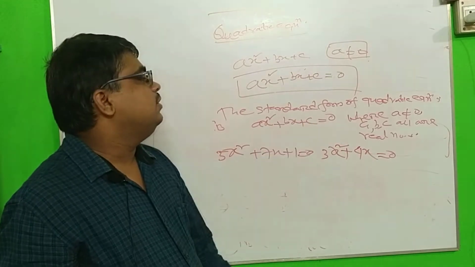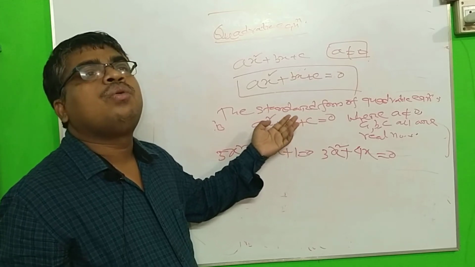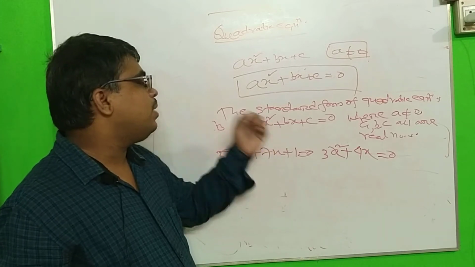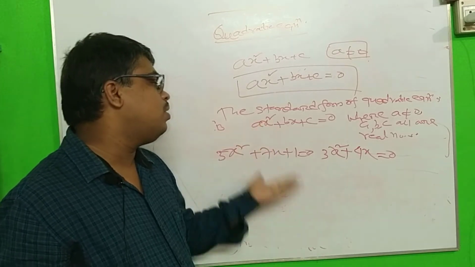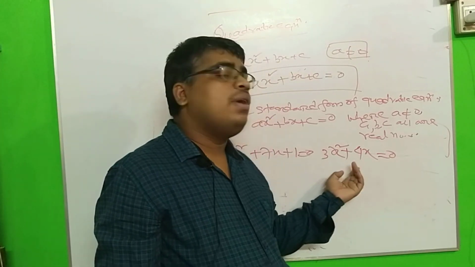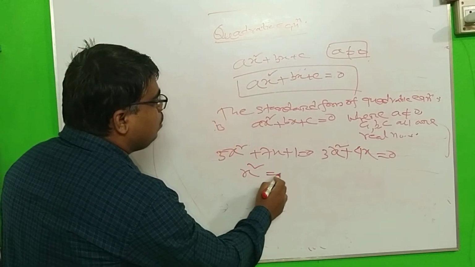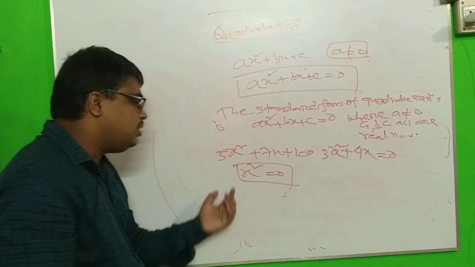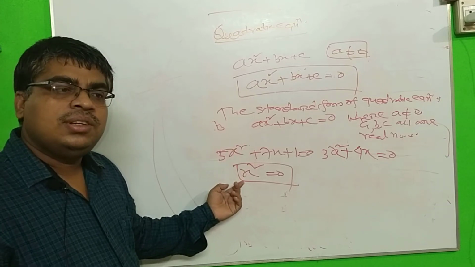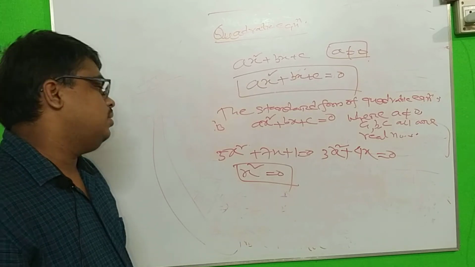We know that an equation will be quadratic equation if coefficient of x square, that is a, not equal to 0. Again, x square equal to 0 is a quadratic equation, since coefficient of x square equal to 1, that is not equal to 0. Is it clear? These are the examples of quadratic equation.